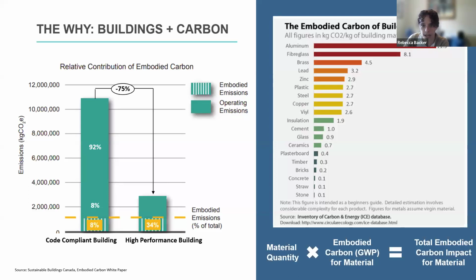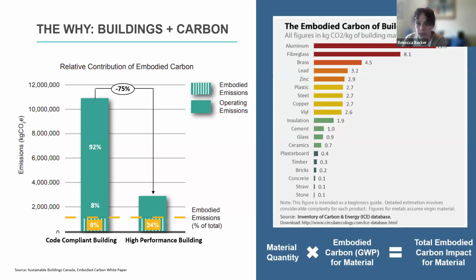The graph on the left, which was pulled from a recent study by Sustainable Buildings Canada, shows how, in comparison to a typical code-compliant building, a high-performing building has the potential to reduce its operational carbon by upwards of 75%.